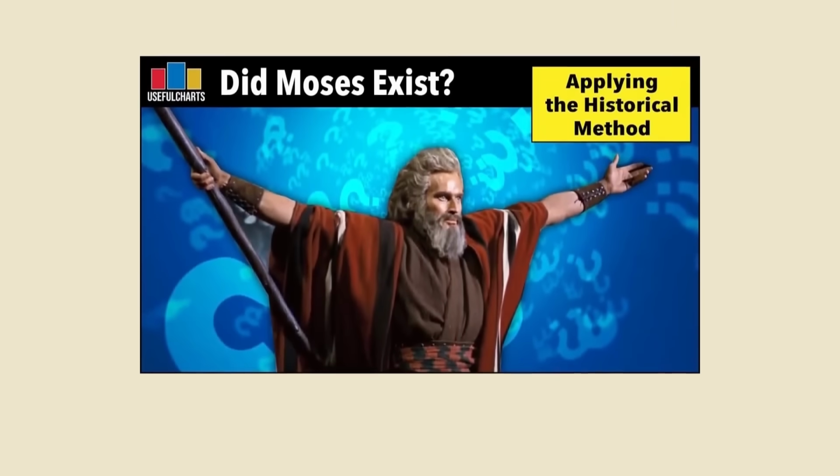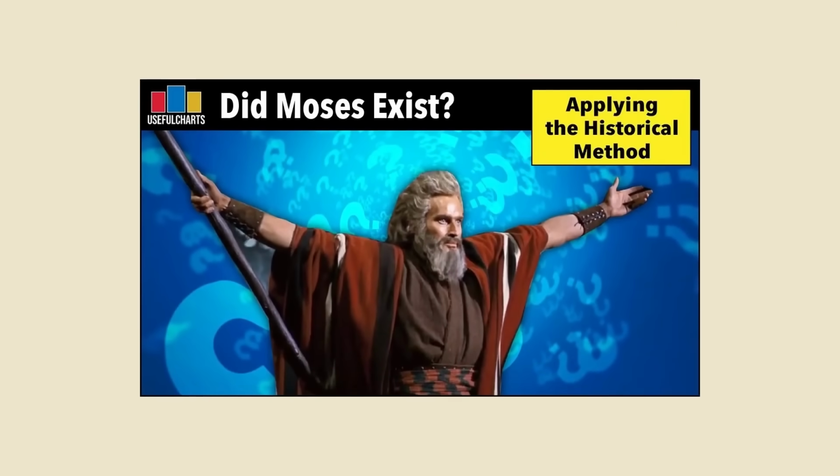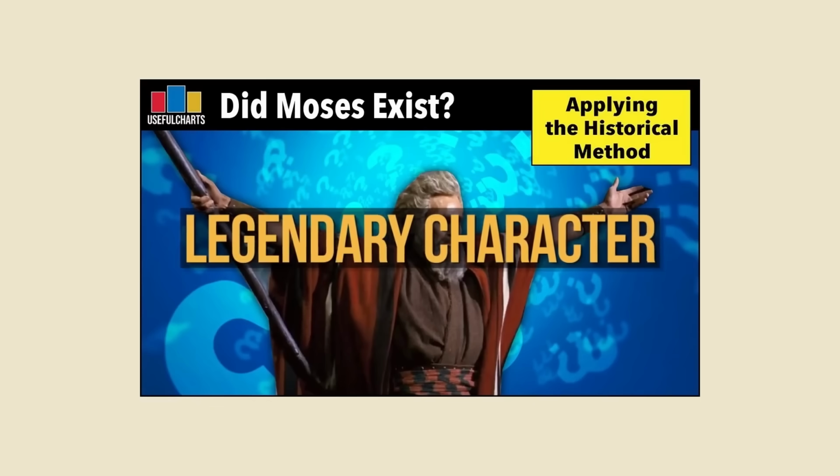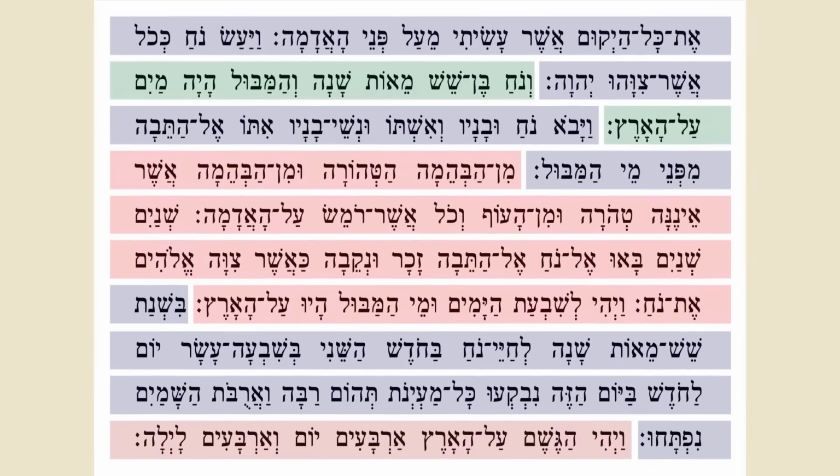As I mentioned in my video on Did Moses Exist? From a historian's point of view, Moses is more of a legendary character, and the stories about him quite clearly include many literary elements. It's also very obvious to language experts who study the Torah that it is definitely not the work of a single author.